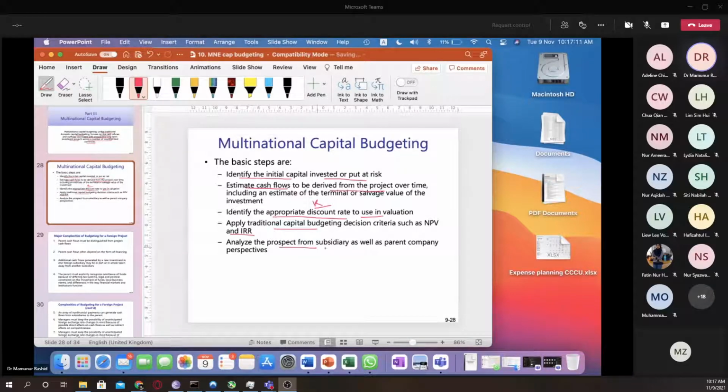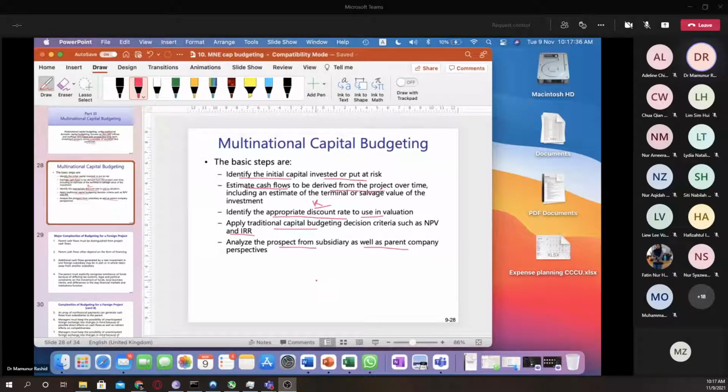Analyze the prospect from the subsidiary as well as the parent company. So in a multinational company's capital budgeting, you have a subsidiary decision and a parent company decision. You need to make sure that you are deciding for both the subsidiary and the parent company, to eventually come to a decision whether this investment project is beneficial to the subsidiary and also to the parent.